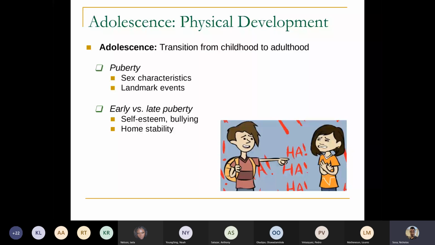So what we see here is another very interesting interaction between nature and nurture. While nature has this blueprint for when boys and girls should typically reach puberty, right? For young girls, it's around age 10 or 11.